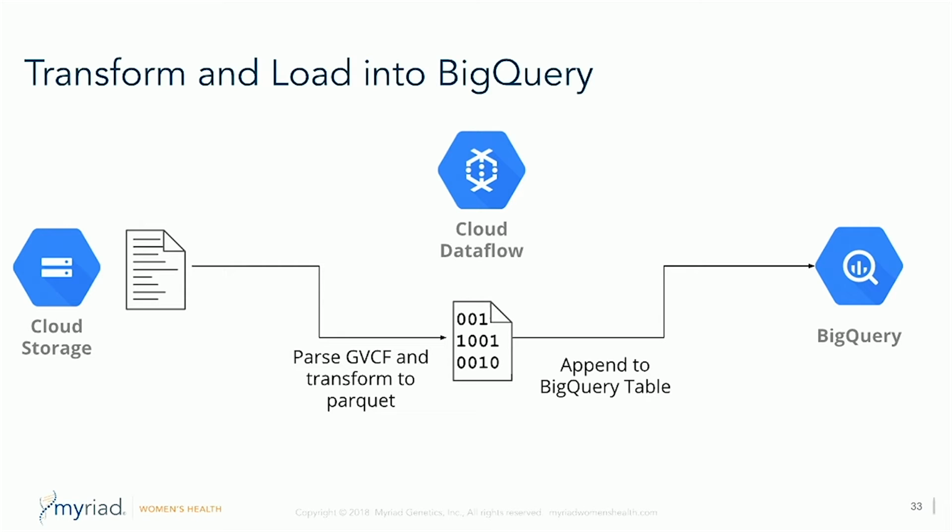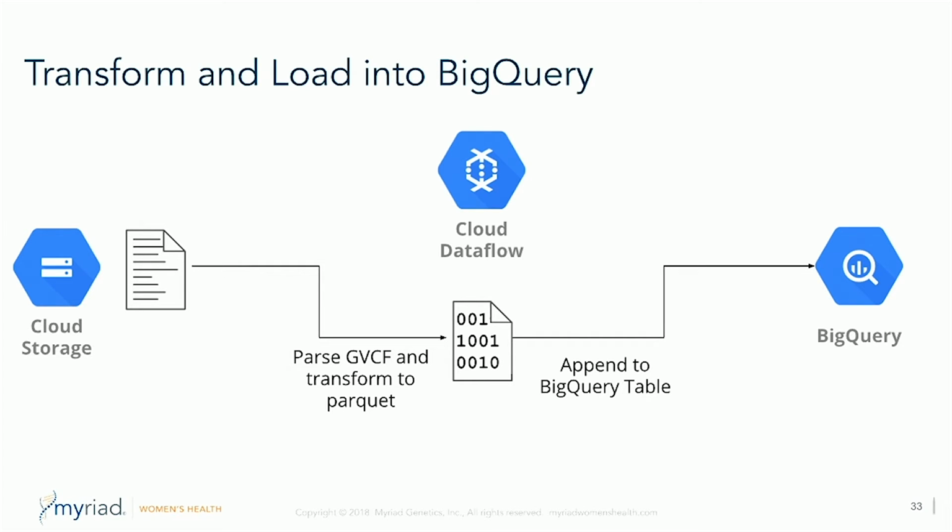So we have all of this information, genomic information and sample information, in our Google Cloud Storage. The next thing we want to do is transform and load this into BigQuery. So the way that we chose to do this was we chose to parse the GVCFs and transform them into a Parquet format. With this, we're able to really be flexible about the schema that we ultimately want in BigQuery.